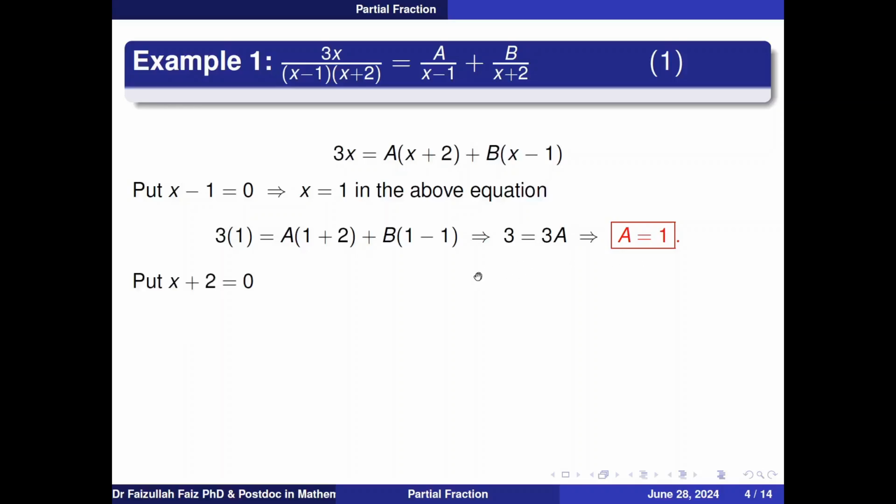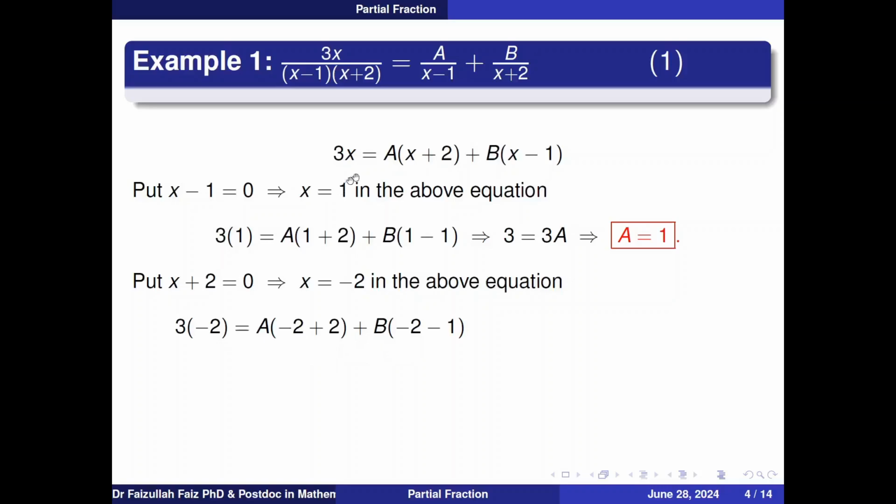To get the value of b, we put x plus 2 equal to 0, from which we get the value of x, which is minus 2, in the above equation. Now, when we substitute x is equal to minus 2, in the left hand side we get 3 into minus 2, which is equal to a into, instead of x now we have minus 2, and then in the second term instead of x we have minus 2.